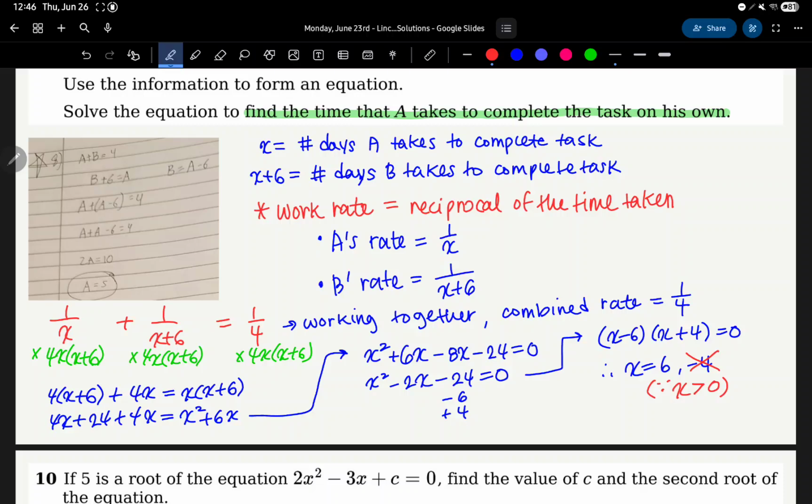So, all right, we got the x value. Is that the end? Let's check. It says find the time that A takes to complete the task on his own. So yes, we are done. The answer is going to be 6 days. So make sure you know the units.